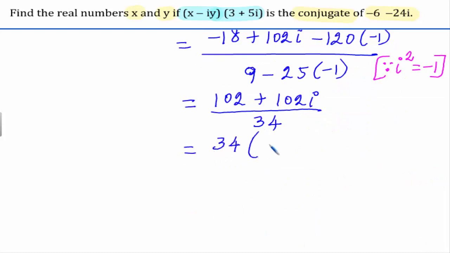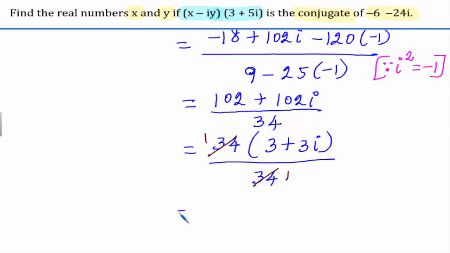So we get 34 multiplied by (3 plus 3i) divided by 34. 34 in the numerator and 34 in the denominator cancel each other. So this will be equal to 3 plus 3i. Therefore we got x minus iy is equal to 3 plus 3i.